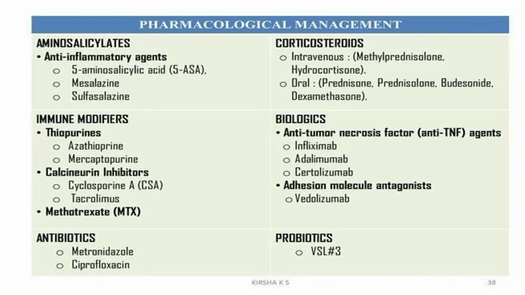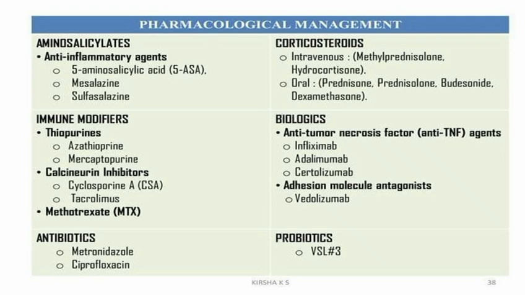The next one is pharmacological management. First one is the aminosalicylates. These are anti-inflammatory agents like 5-aminosalicylic acid, mesalazine and sulfasalazine, some of the aminosalicylate drugs which are mostly prescribed for inflammatory bowel disease. The next one is immune modifiers.